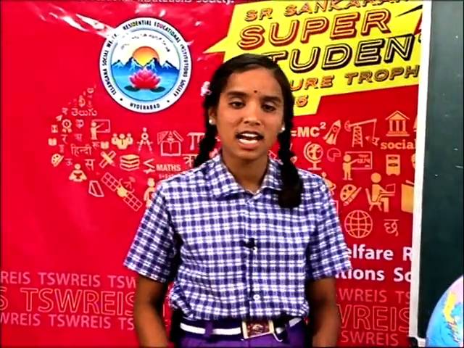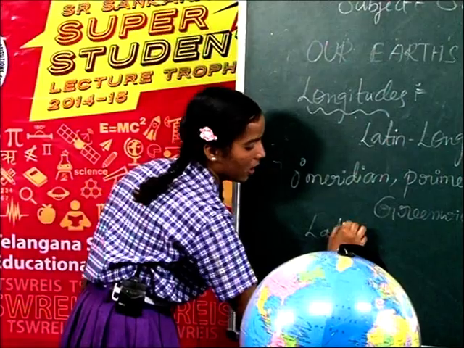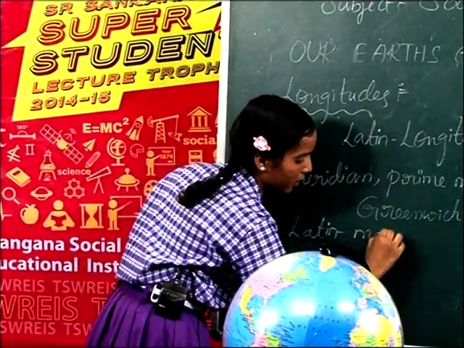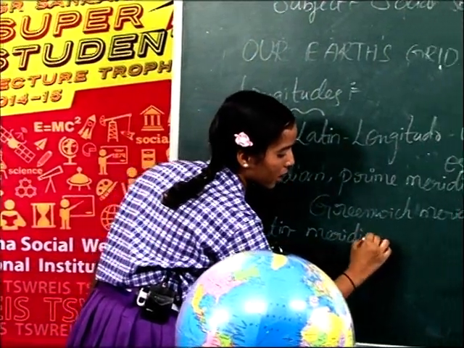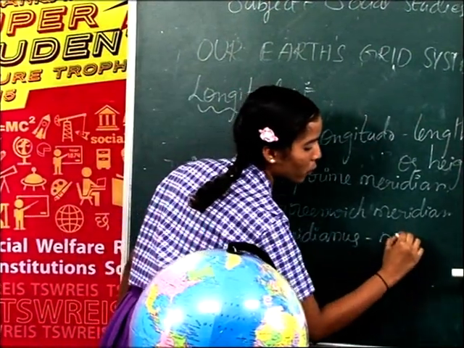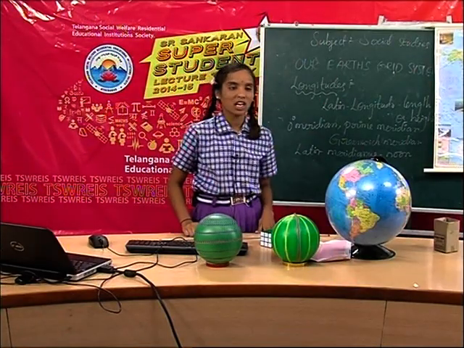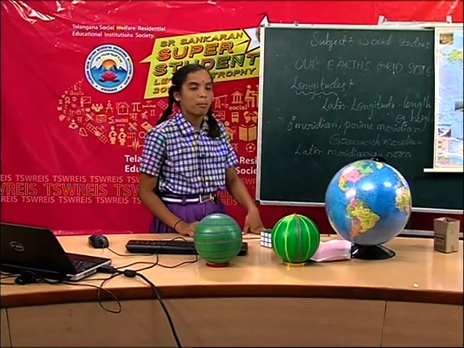Friends, meridian came to us from the Latin word meridianus, meaning noon. These longitudes which are vertical lines are also called meridians.